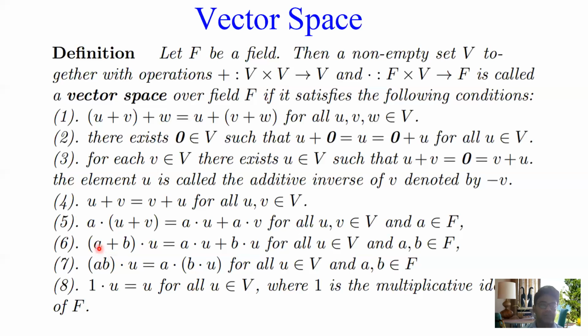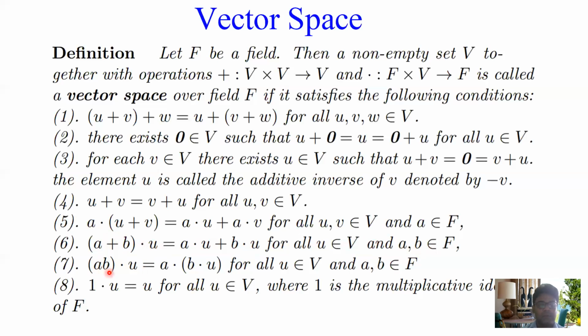Number 6, (A plus B) dot U. So this is A plus B, scalar, equal to A dot U plus B dot U for all U belonging to V and A, B belonging to F.